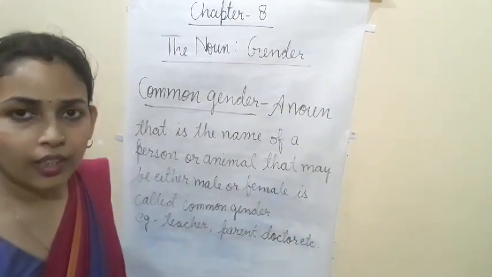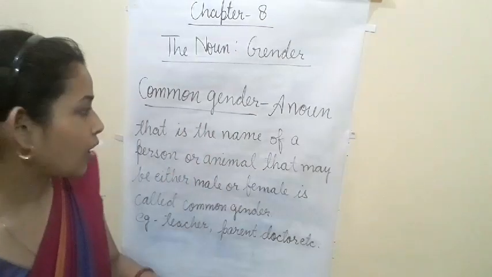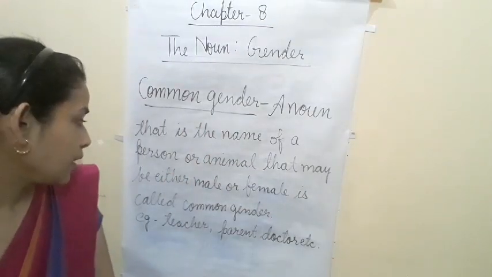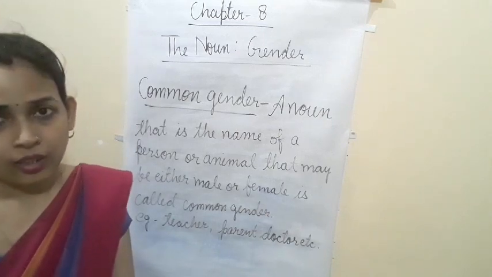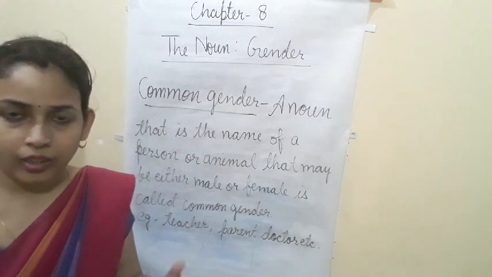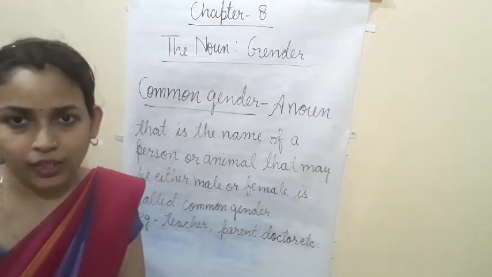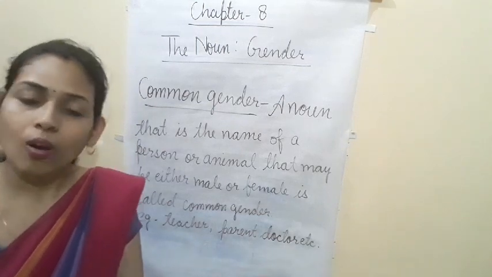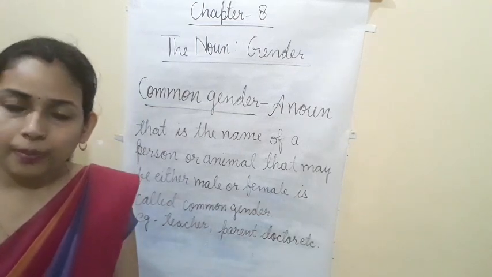Just see the other one, common gender: a noun that is the name of a person or animal that may be either male or female. It means common gender refers to both male or female gender. For example, teacher.